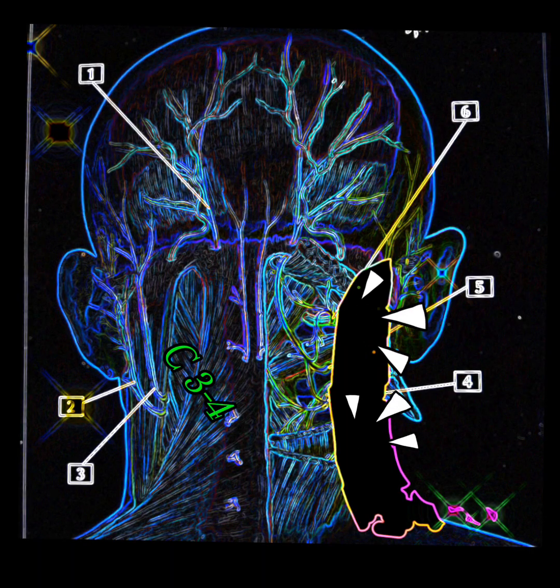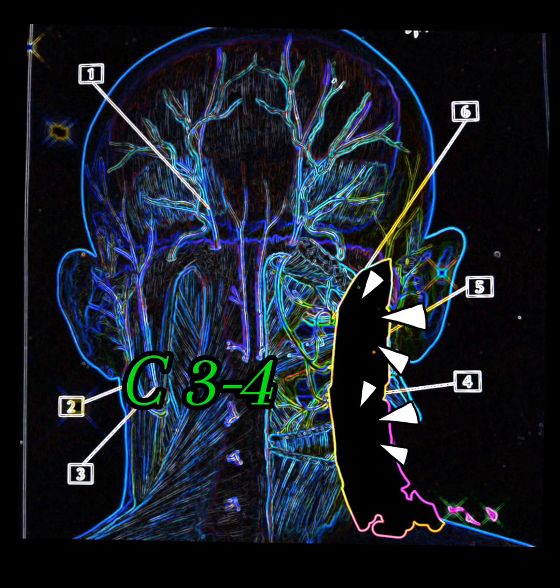Pain originating from the C3-4 level can manifest in the suboccipital and occipital regions, extend cranially to the vertex or forehead, or radiate caudally along the posterolateral neck.